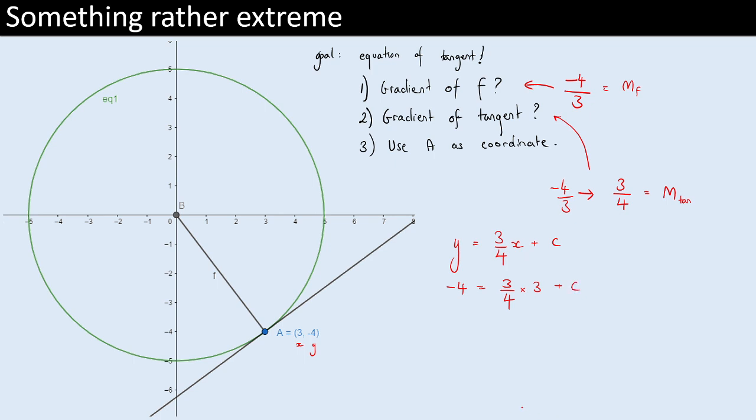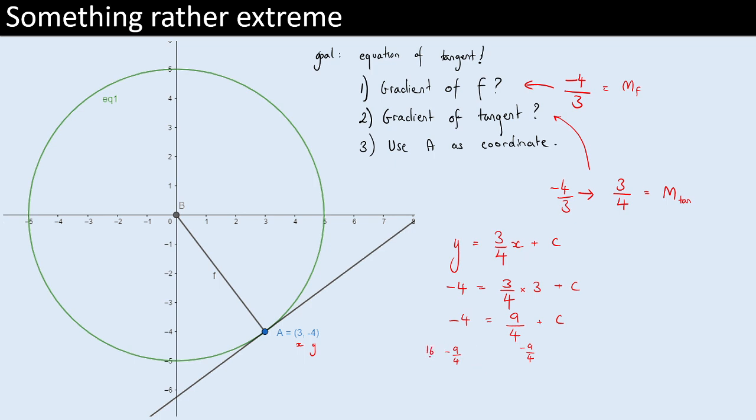Now this is... ugh. Okay, negative 4. Let's tidy it up a little bit. That would be 9/4. 3 times 3 is 9. I'm going to have to take off 9/4 from both sides. Now, 4 would be the same as 16/4.